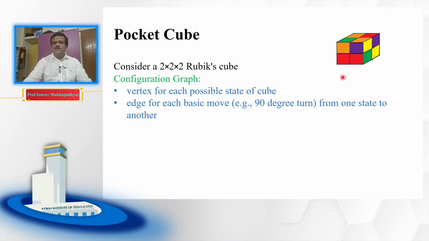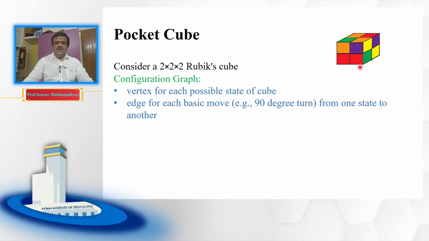One move means this is a position, say this is a state. Now in any direction we can make a 90 degree turn, and that will be another state. From this state to that state we can reach by just one move, and there is an edge, and that edge is reversible. By the reverse move we can reach back here. That is basically an edge of the graph.